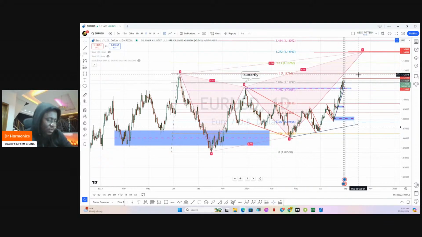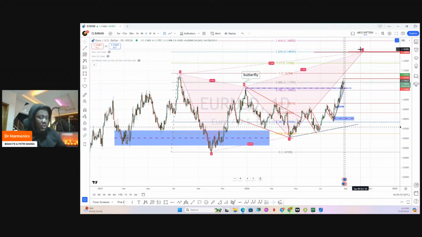When you look at this one, you realize that Euro USD is at 78.6, and we are expecting DXY to drop. That means that Euro USD we are expecting to go up.